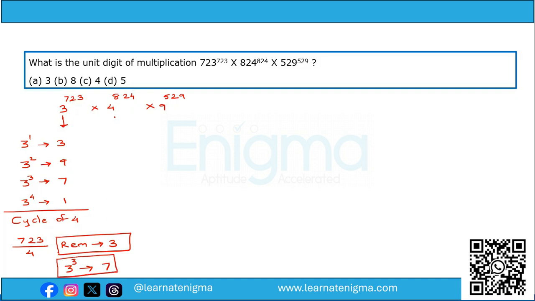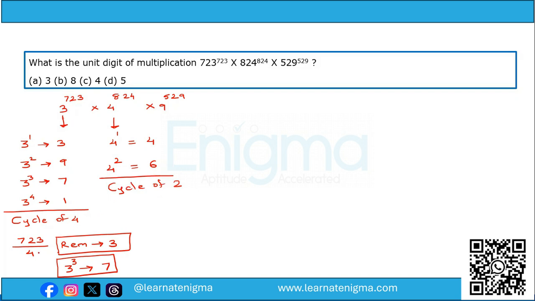Now let's find out for 4 raised to 824. For 4, we have 4 raised to 1 is 4, 4 raised to 2 is 6 in the units digit. Now there is a cycle of only 2 for 4. It always goes on repeating 4 6 4 6 4 6.